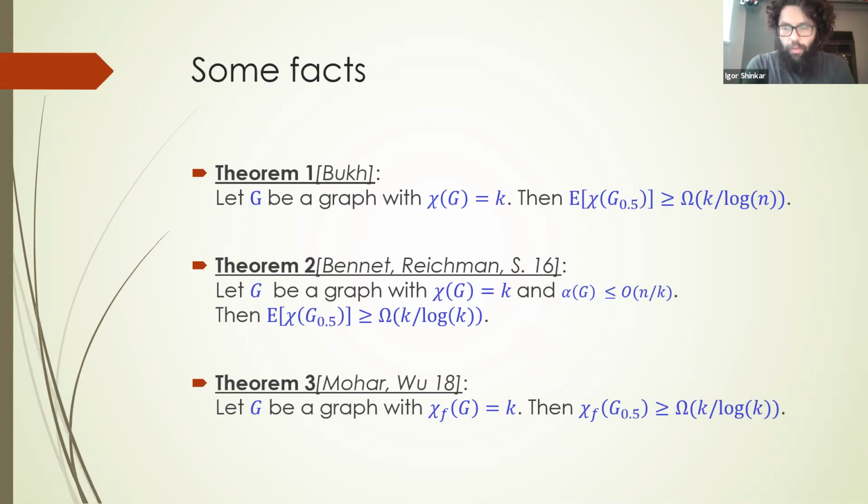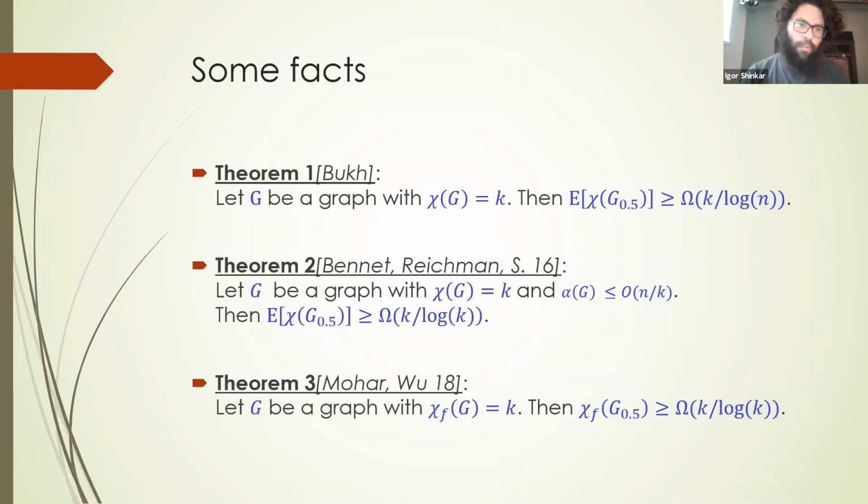Another work related to this is the work of Mohar and Wu. They give a positive answer to this question, but not for chromatic number, but for fractional chromatic number. So what's fractional chromatic number? It's the linear programming analog of chromatic number.